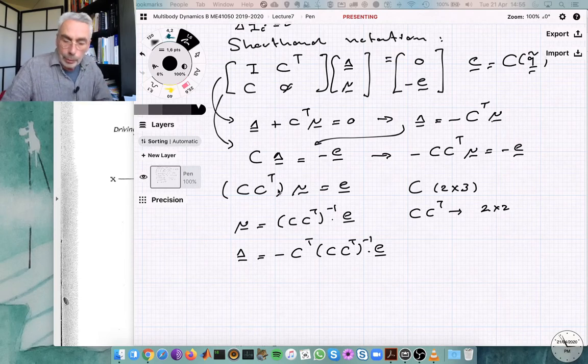Or in terms of this, our delta Q1, what do we have to do to come to the correct solution?